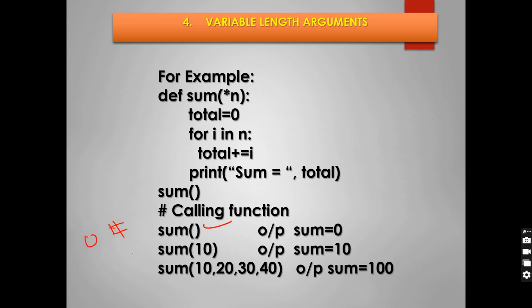In the second we pass only 10. In the third we pass several values: 40, 50, 60, 70, 80, 90, 100, so the sum is 100. With variable length arguments we are not defining the actual number of values. Sometimes we don't pass anything, sometimes only one value, sometimes 4 values.